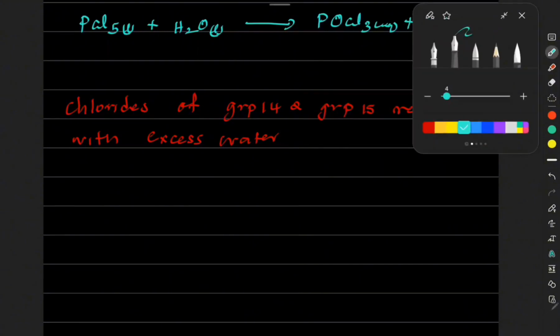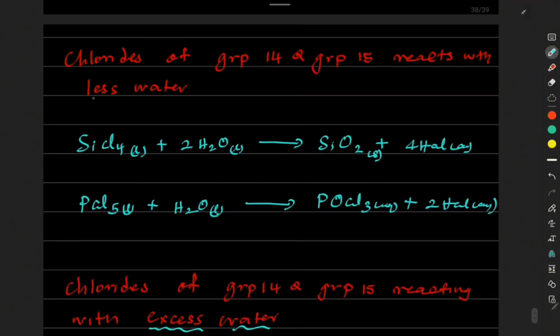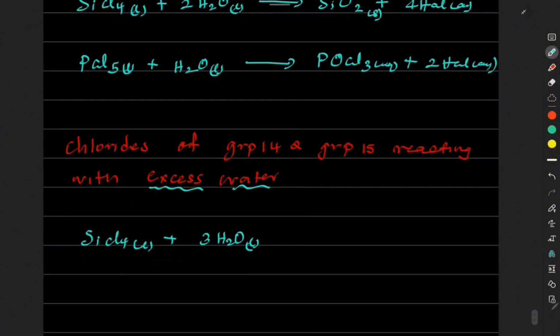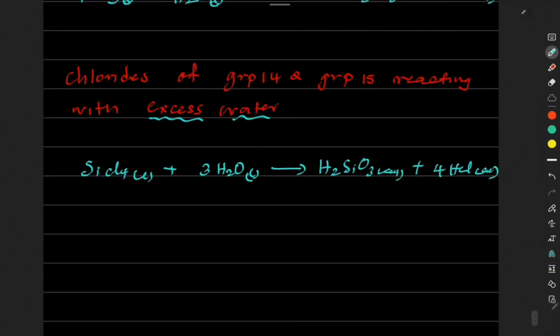Let's look at them one by one. The first reaction is silicon fluoride liquid plus 3H2O, here with excess water, where previously it was less water. They form H2SiO3 aqueous plus HCl aqueous.